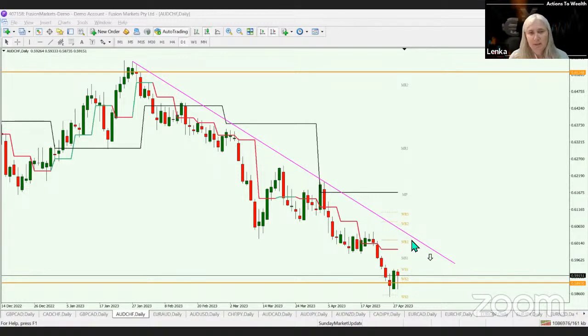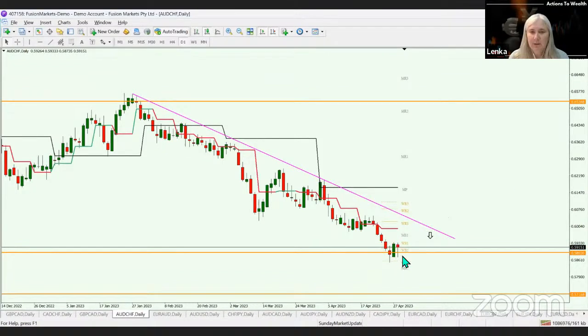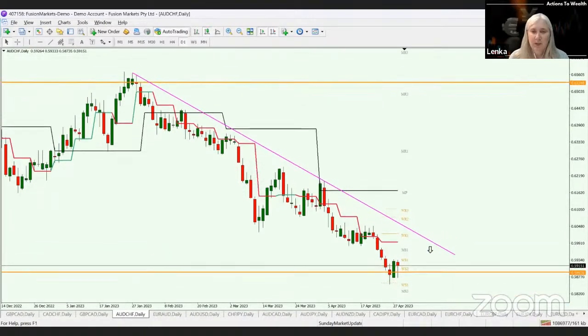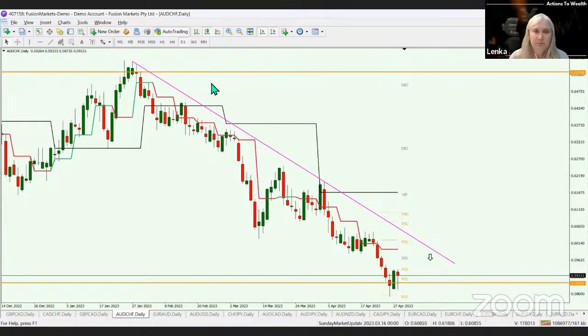If there is a pullback, then looking to go again with the trend short until we either have a double bottom here, or if it goes down further, then obviously that would be our exit target areas.